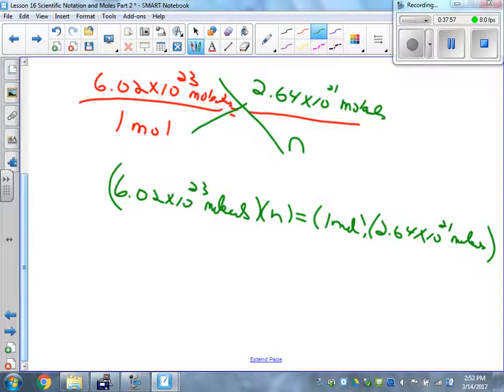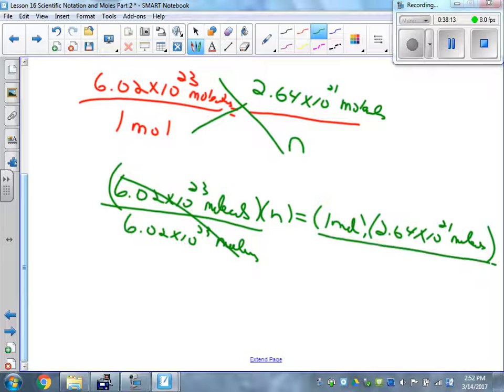Okay? And once again, you want to get N by itself, so you want to divide by 6.02 times 10 to the 23 molecules. That'll get rid of basically everything there. Okay? And I divide this side by 6.02 times 10 to the 23 molecules as well. N should be obviously 1 times 2.64 times 10 to the 21 divided by 6.02 times 10 to the 23.